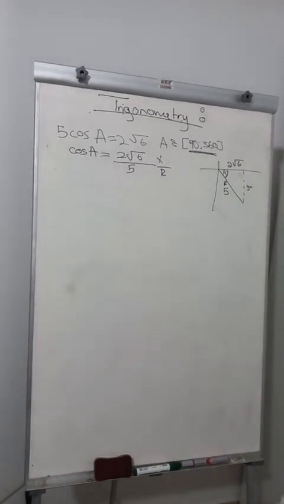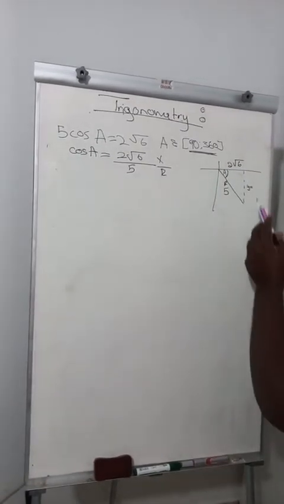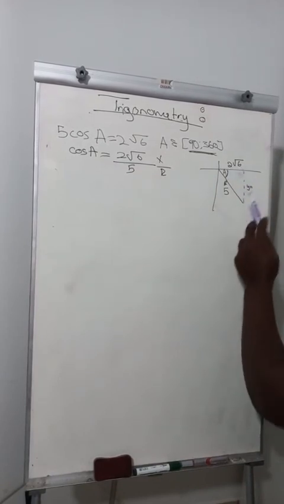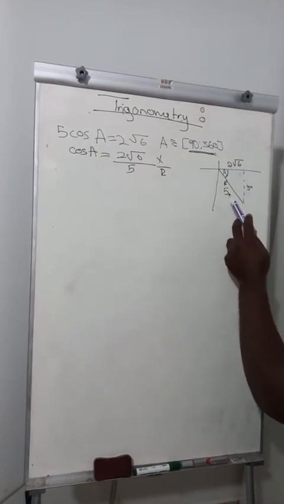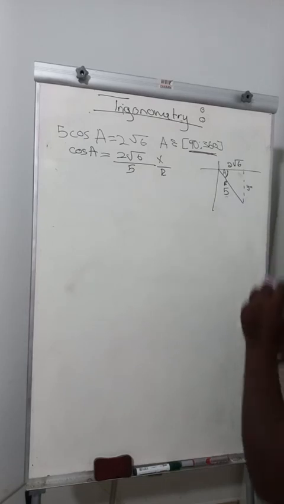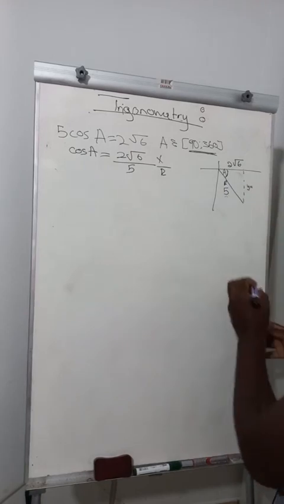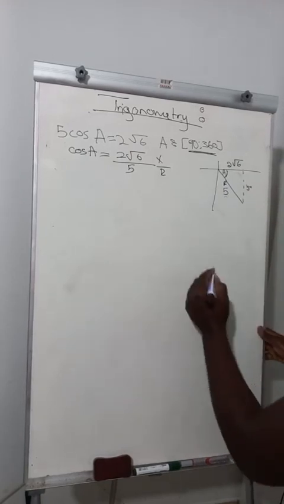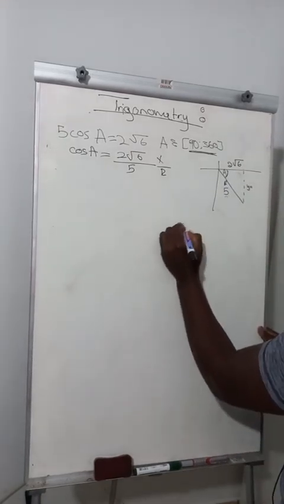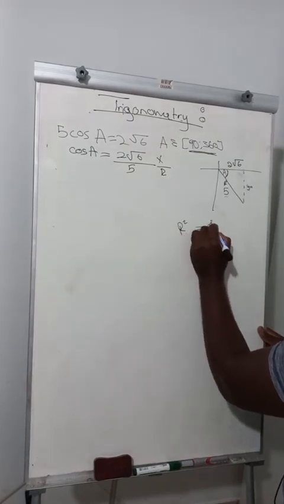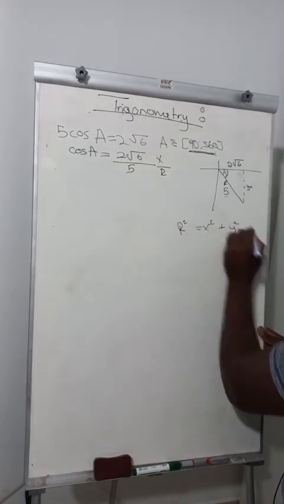So I was still saying that here you will have 2 square root of 6, and this here will give you 5. Now to find the value of y, you will have to use the theorem of Pythagoras. So r squared is equal to x squared plus y squared.